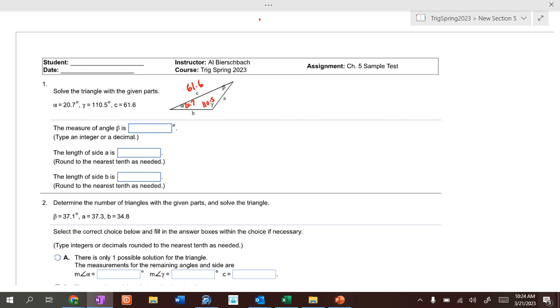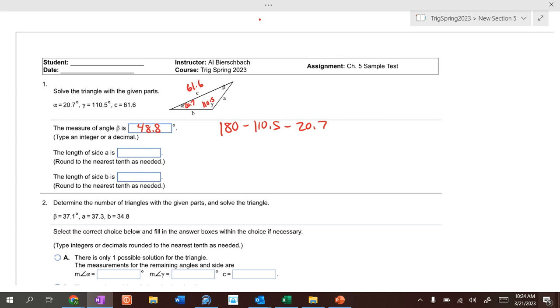Not law of sines yet. It's even easier than that. 180 minus 110.5 minus 20.7. So that's 131.2, which gives us 48.8, right?